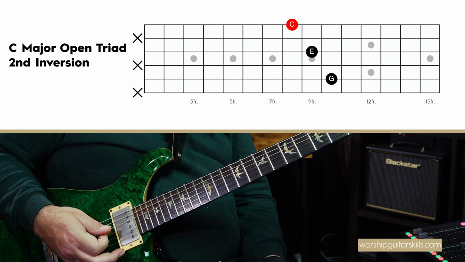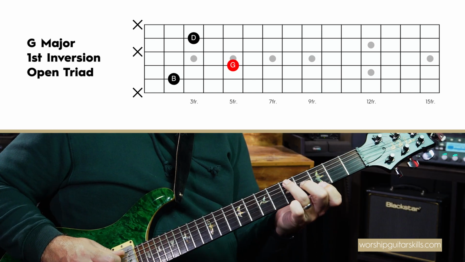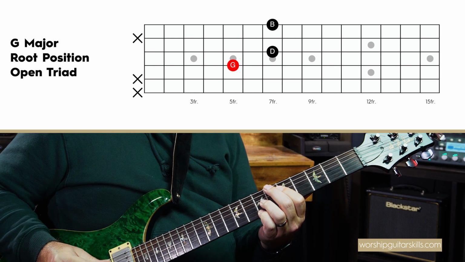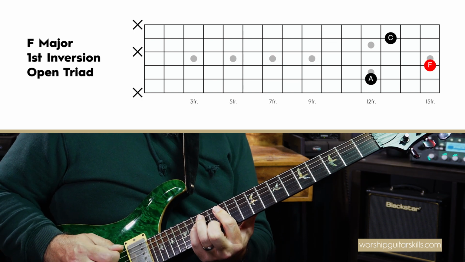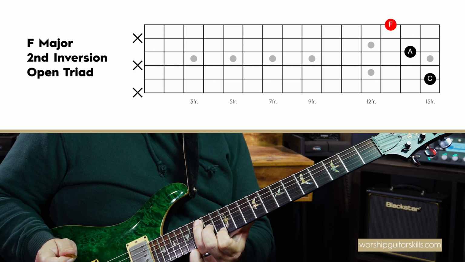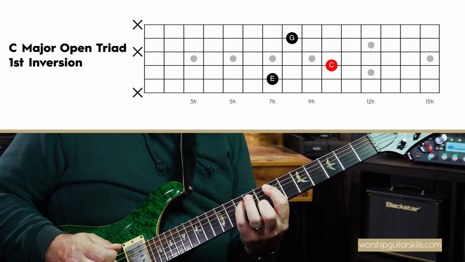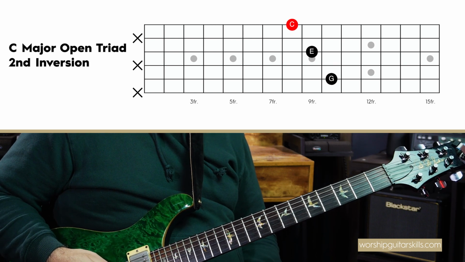If I want to do that in G, I can start here, and for F, like this, and back to C. You can see the chords on the screen and just learn them. Those are 3 variations of open triads.